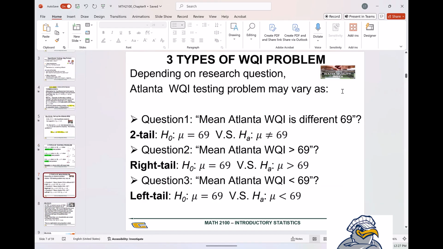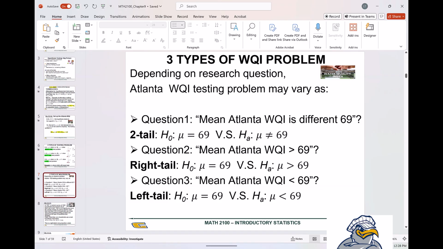So here it really depends on the research question. Some people may think, okay, I don't think the Atlanta water quality index is 69, right? So in that case, the research question will be that the mean Atlanta water quality index is different from 69. But say some people say the water should be fine, it's drinkable, right?